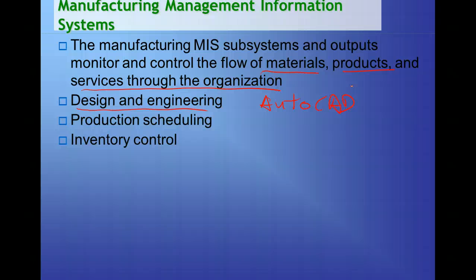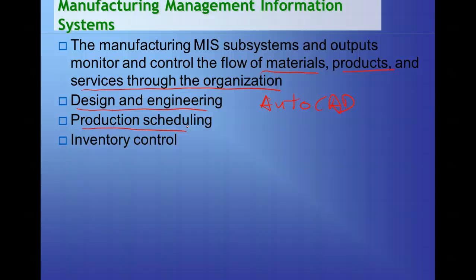Okay, we also have production scheduling, which makes sure that production of products is done on time and efficiently. It will tell you when and where, and how much inventory we should order.